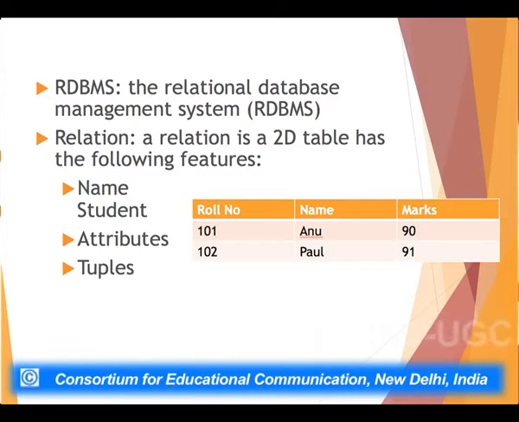In this example, student is the name of the relation, the attributes are roll number, name and marks, and the tuples are the rows 101, Anu, 90, 102, Paul, 91. So, these individual rows are known as tuples or records.